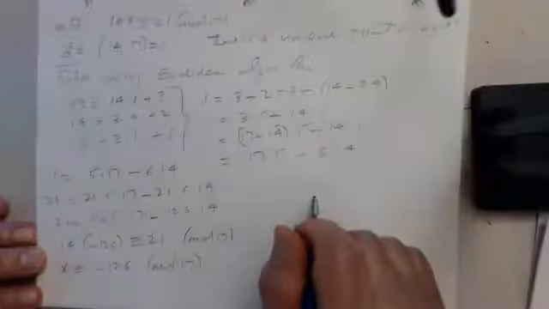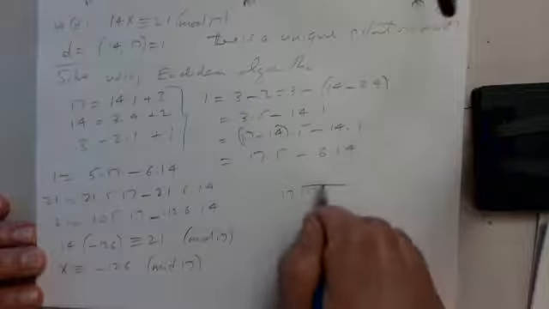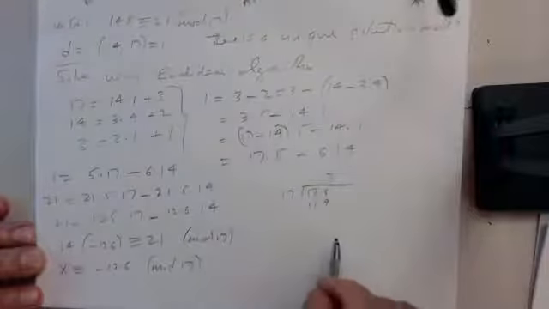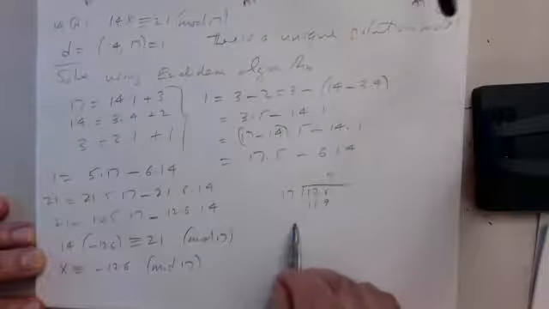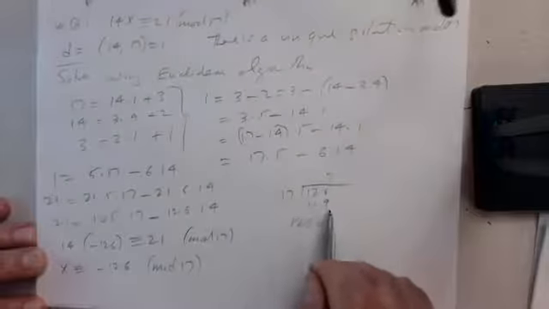What is 126 when you divide it by 17? This goes in maybe 7 times. 7 times 17 is 119. So if this is correct, 126 is 7 times 17 plus 7.